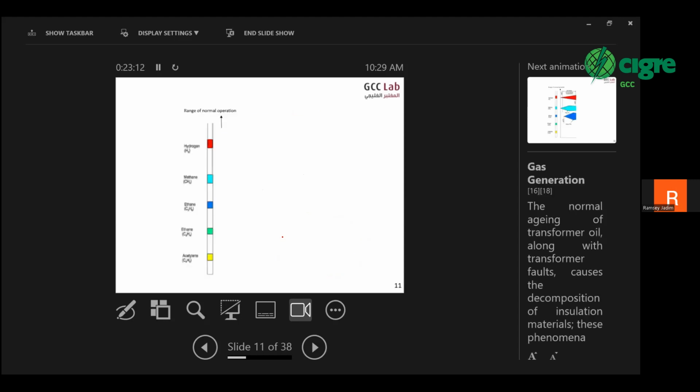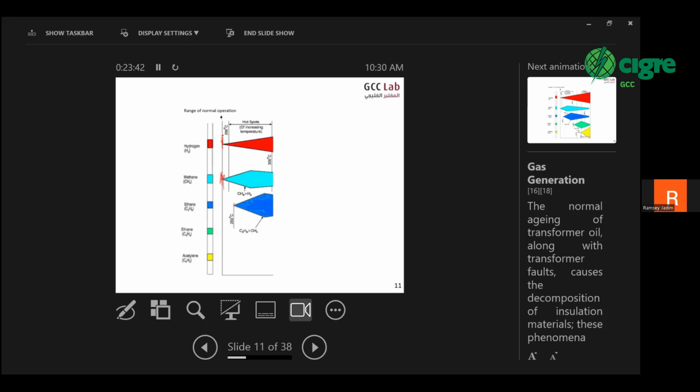If we look at the main gases, hydrogen, methane, ethane, ethene, acetylene, in the normal condition the values are very low, but they increase. You see hydrogen starting and methane starting at around 200 degrees, and then at 250 the ethane starts.